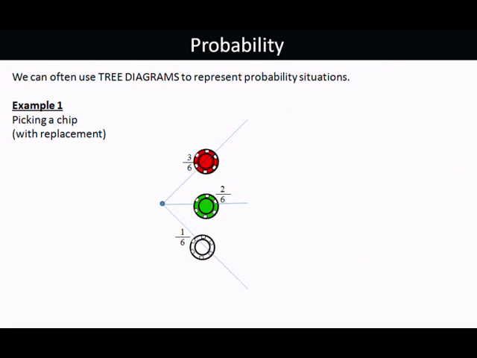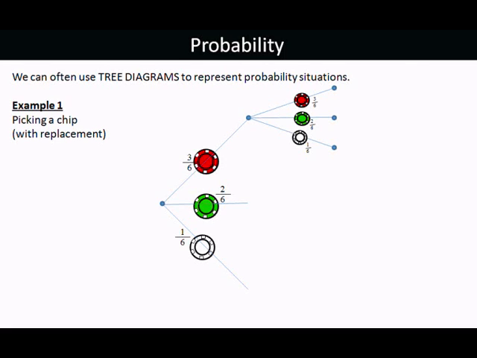Now you can use tree diagrams. So the first tree diagram is about the first example where they take the chips out and put them back. So first is the first person picking the chip, red, green or white, with 3/6, 2/6 or 1/6 probability.